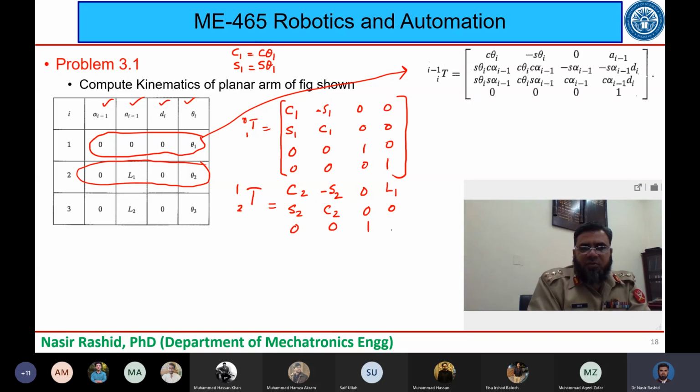Then 0 0 1 0 and 0 0 0 1. So this is the second.